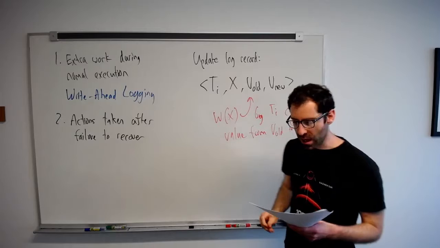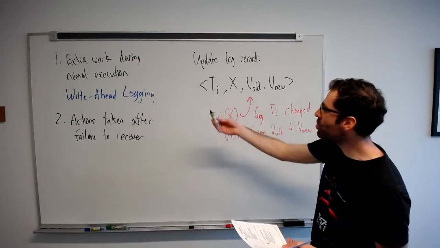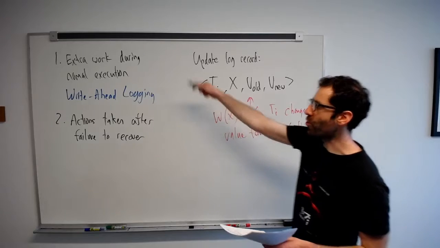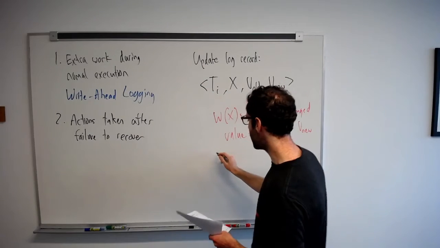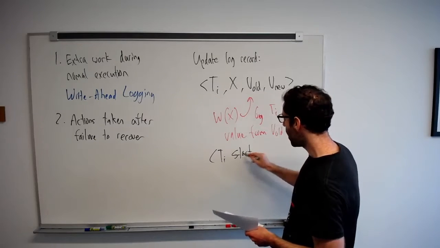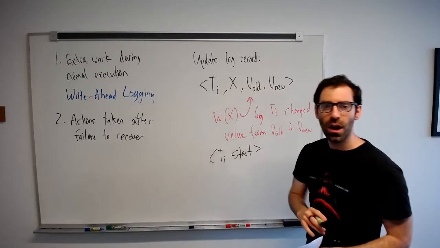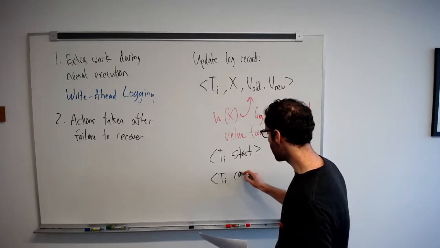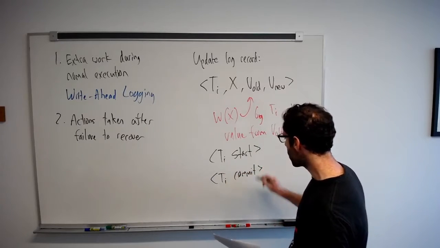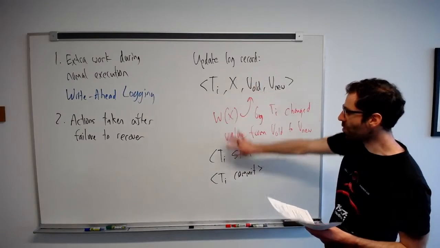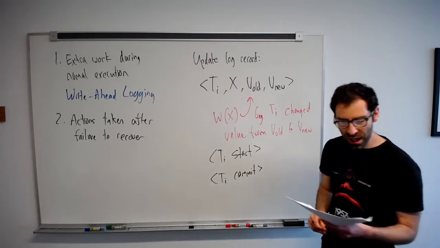And the other two sorts of records that transactions will generate are just a start or begin record, as well as a commit record. And so these are the three types of records we'll see from transactions.